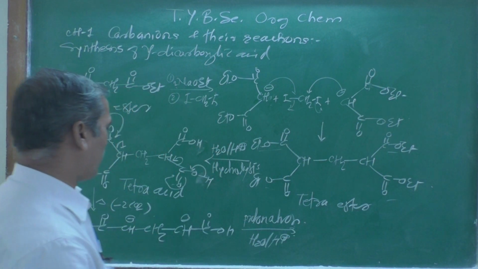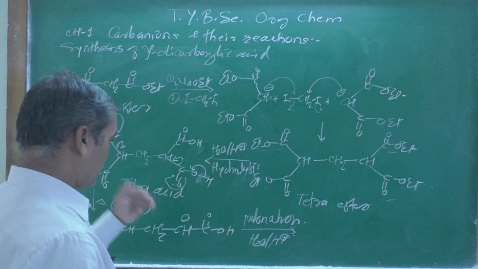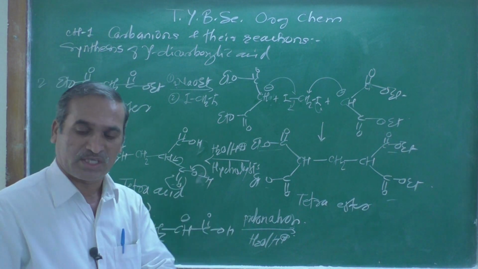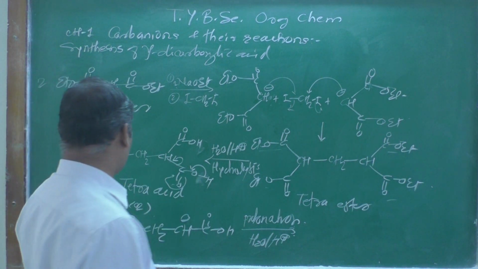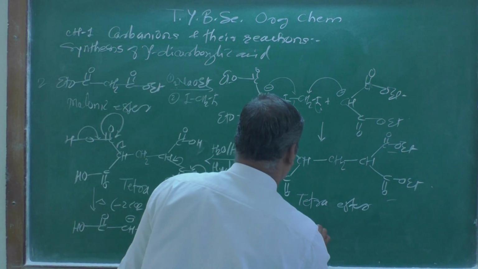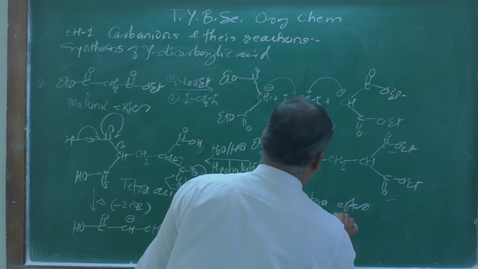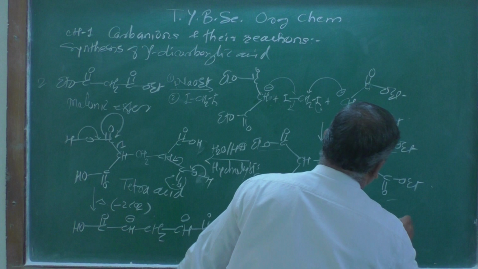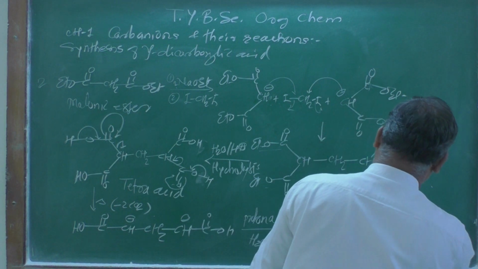This carbanion will pick up the proton from here, and that is why this process is known as protonation. Finally you are going to get HO, C double bond O, CH2, CH2, C double bond O, and OH.